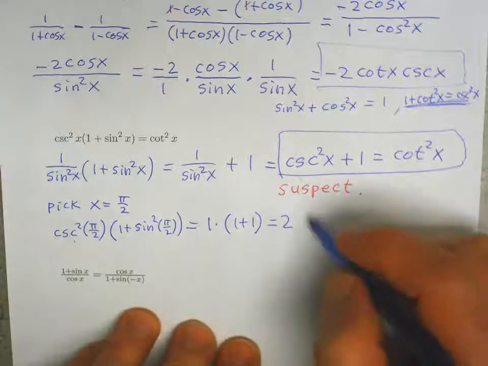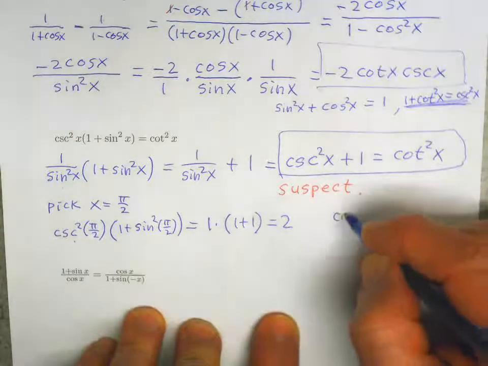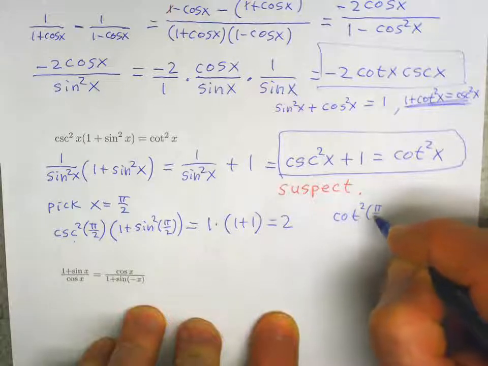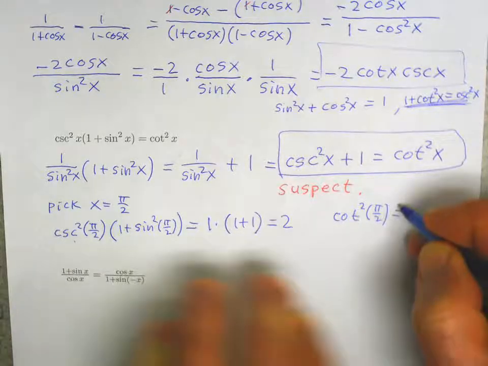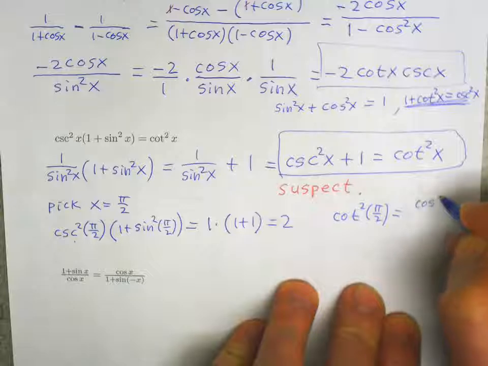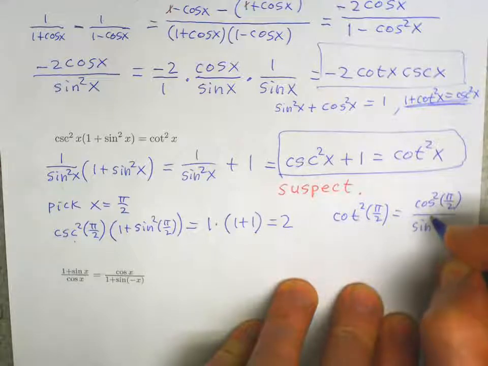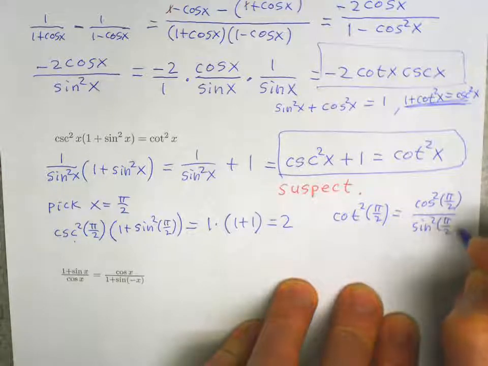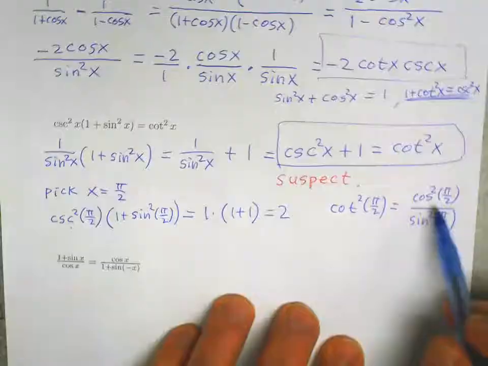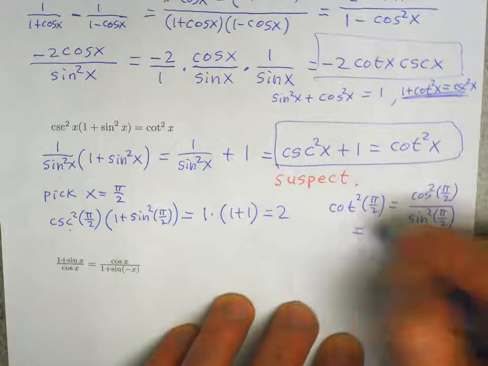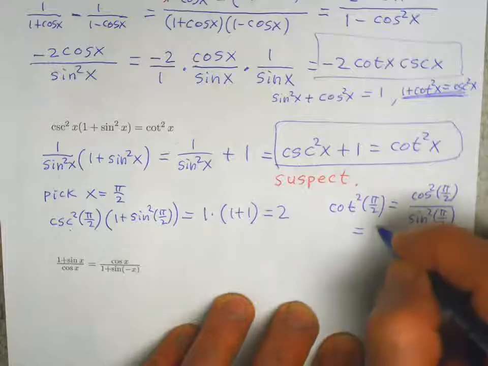And then the right-hand side, cotangent of pi over 2 squared, that's cosine of pi over 2 squared over sine of pi over 2 squared. Well, cosine of pi over 2 is 0, so 0 squared is 0. And 0 divided by 1 is 0.